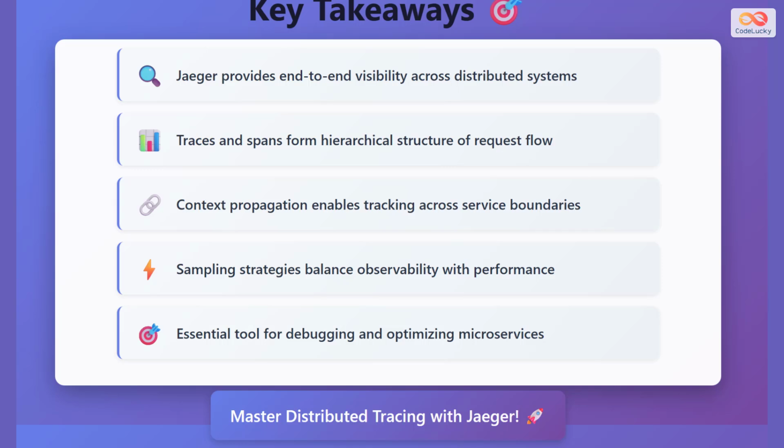Sampling strategies balance observability with performance, allowing you to collect meaningful data without overwhelming your system. Jaeger is an essential tool for debugging and optimizing microservices. By mastering distributed tracing with Jaeger, you gain the ability to build faster, more reliable systems.